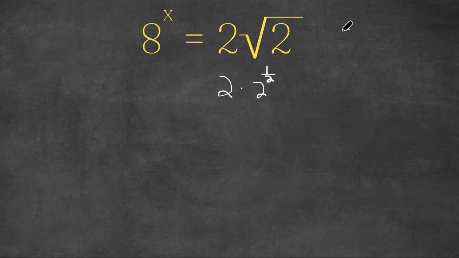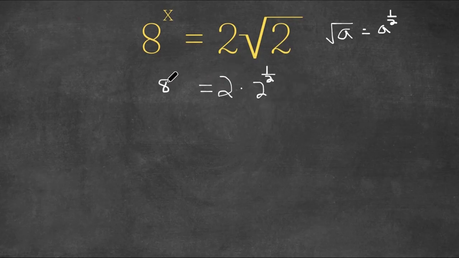And remember, this is true of any number. Let's say we have the number a. The square root of a would be a to the power of 1/2. So the square root of any number is simply that number to the power of 1/2. Now that side is 2 times 2 to the power of 1/2, and this side is still 8 to the power of x.